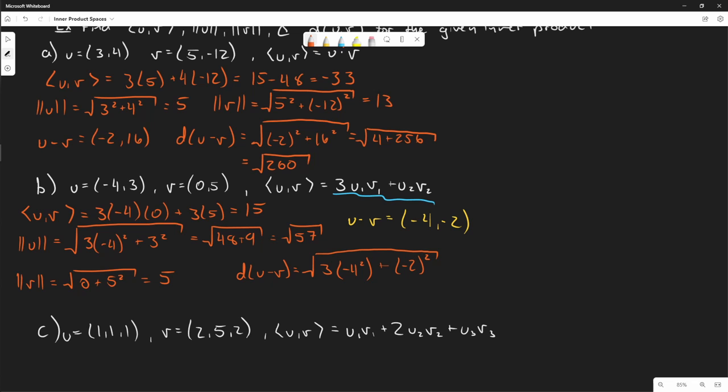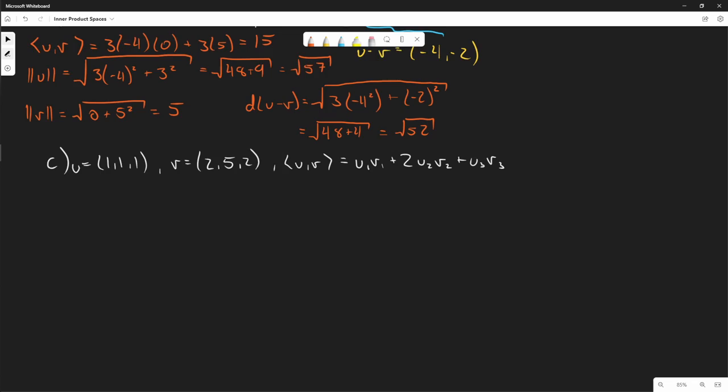And that will be equal to the square root of 16 times 3, which is 48, plus 4, which would be 52. So the square root of 52. Wow, that was so simple.